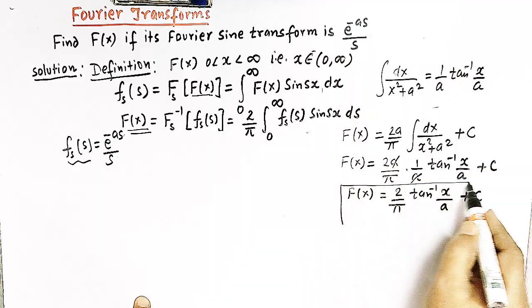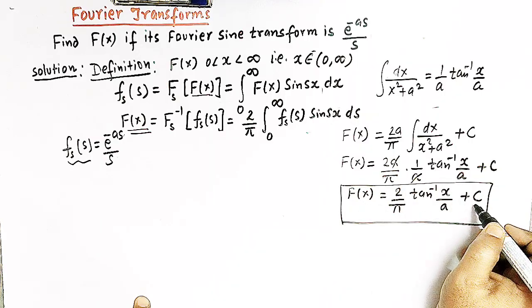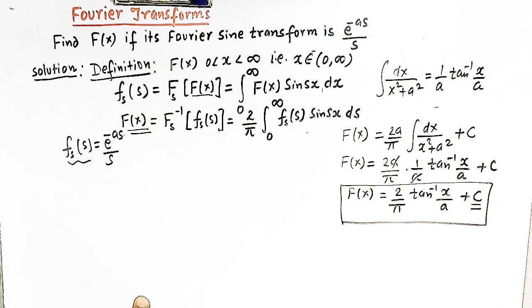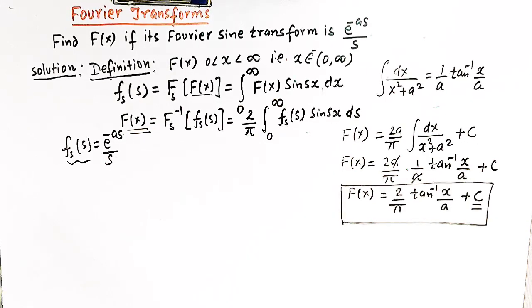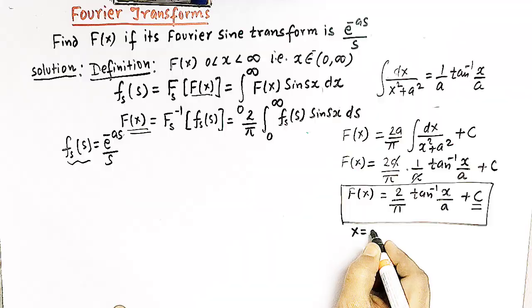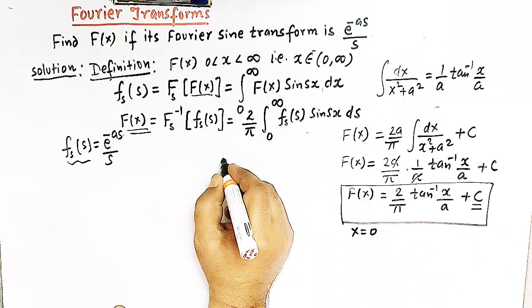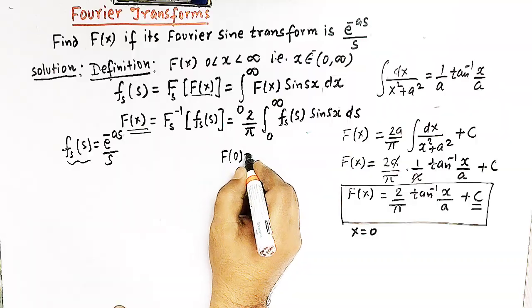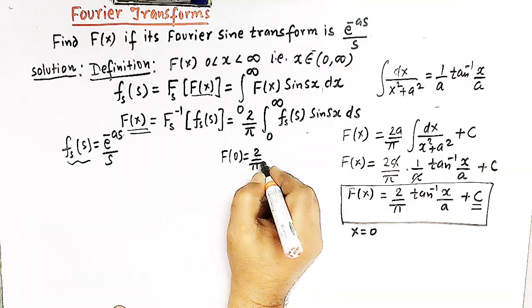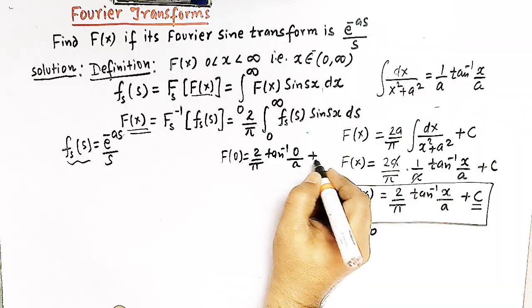So our function f of x, now it takes this form, and here now we need to find out the value of this constant of integration c. So now to get the value of c, let us take x is equal to 0 in this expression. So we have now f of 0 is equal to 2 over pi tan inverse 0 over a plus c.